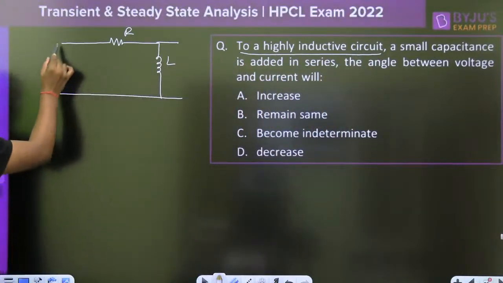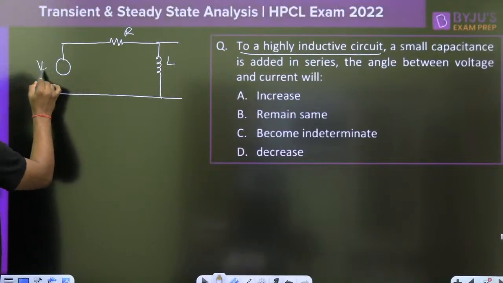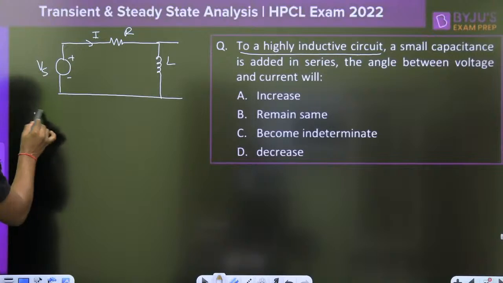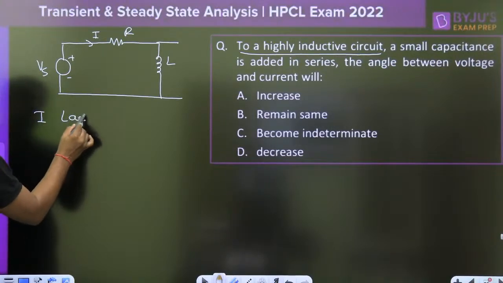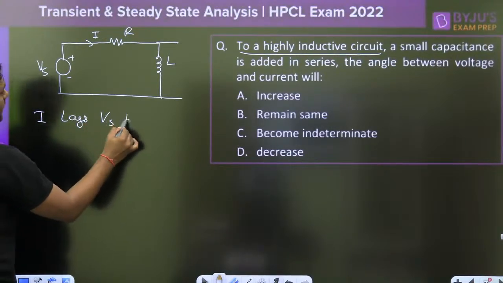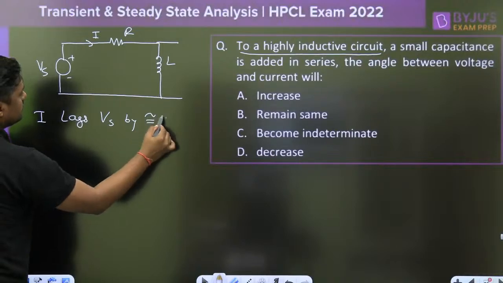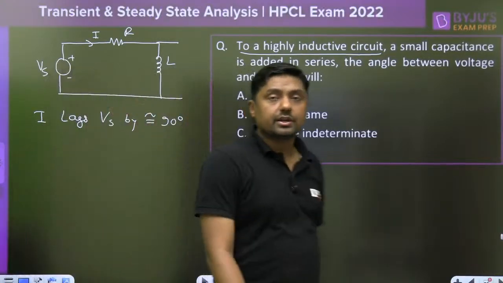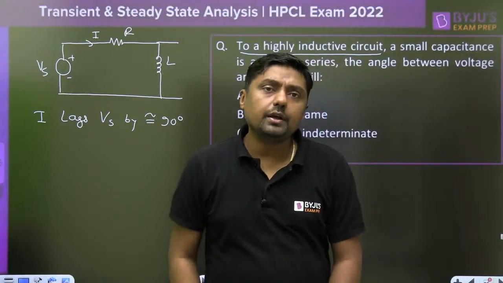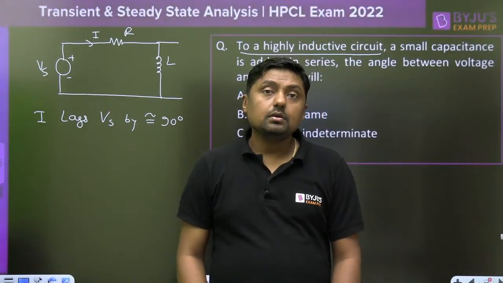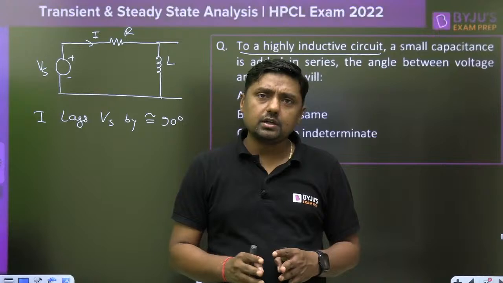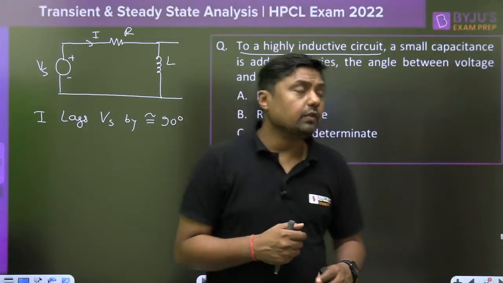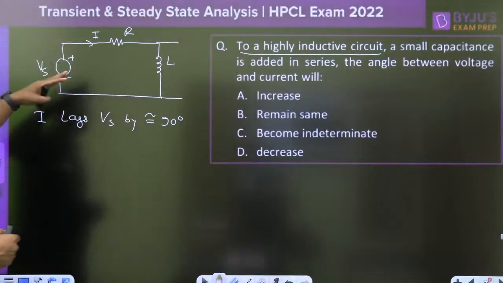When we are applying the voltage here and there will be the current, then current lags voltage by 90 degree. That is the meaning of highly inductive circuit. So what is the angle between the current and voltage? It will be 90 degree, nearly equal to 90 degree.